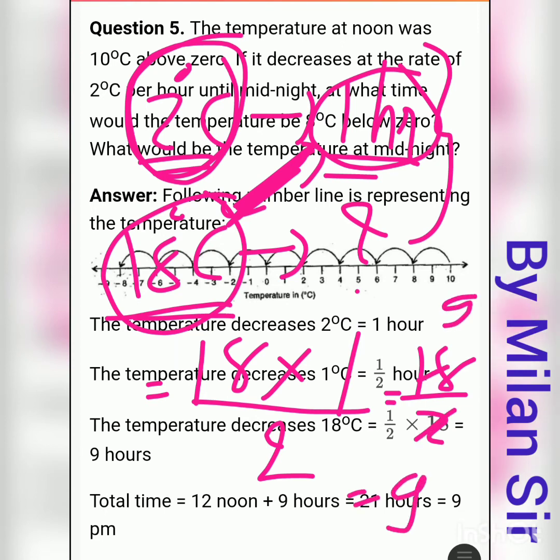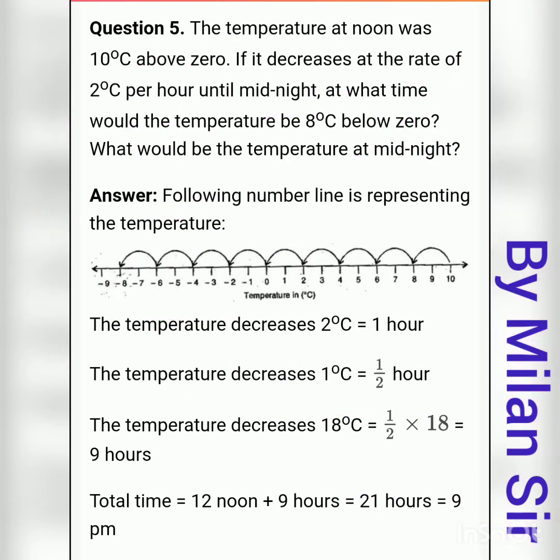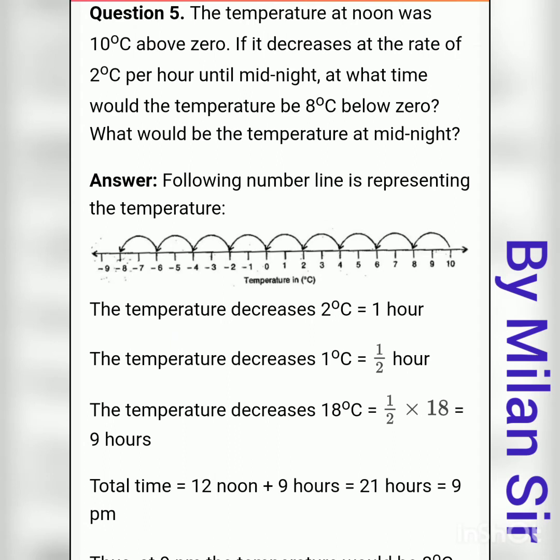Two nines are 18. That means a total of 9 hours are required to decrease the temperature by 18 degrees Celsius.